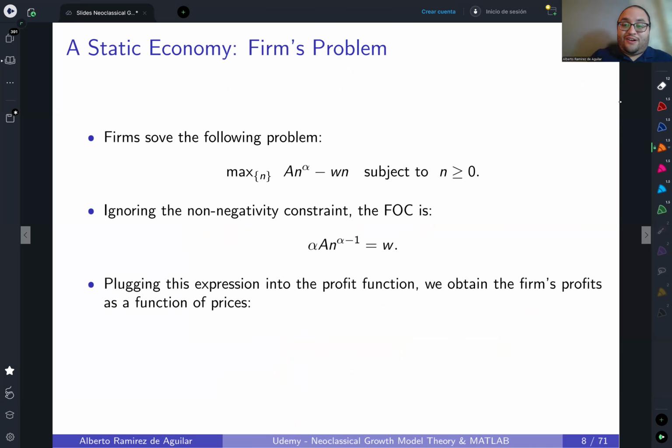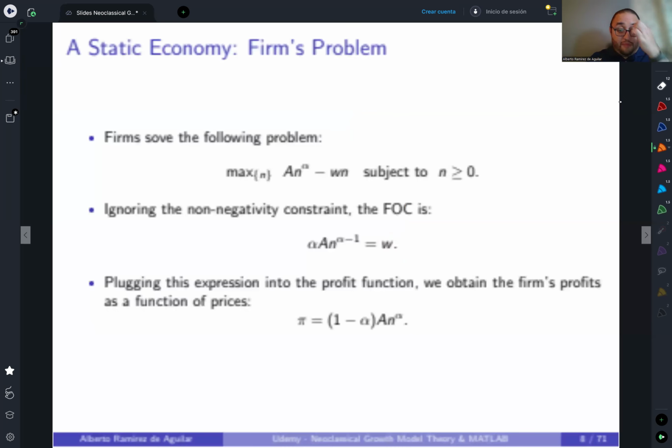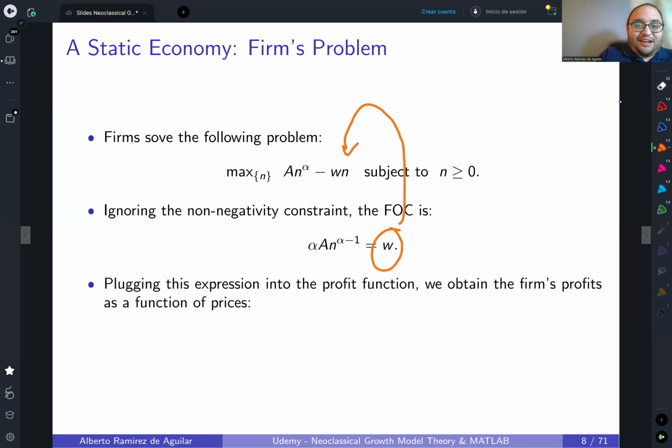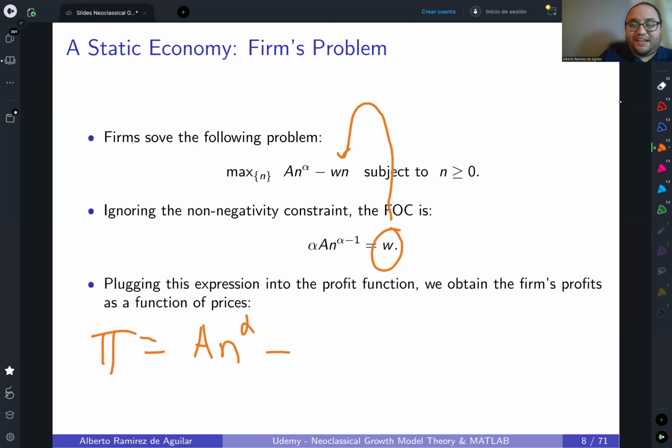So if I plug W there, I'm going to get that profits are A n to the alpha minus W times N. But I'm going to replace W with this, alpha A n to the alpha minus 1.